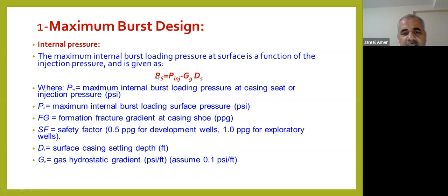So this pressure at the casing is the same as the formation pressure minus the hydrostatic pressure in the casing. The pressure in the casing is calculated depending on the gas hydrostatic gradient multiplied by the depth.